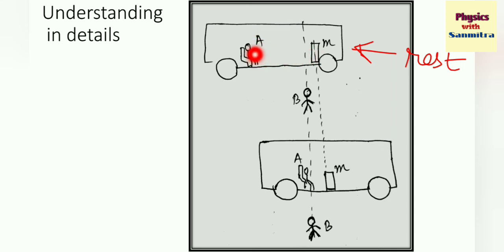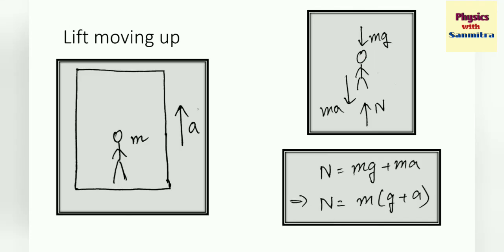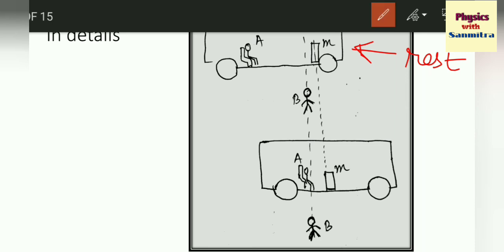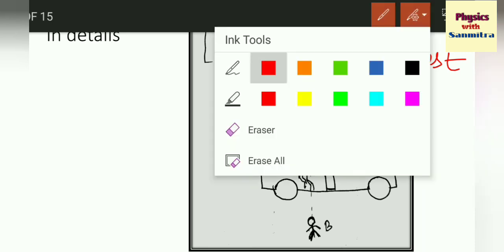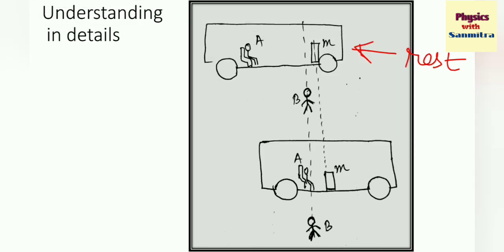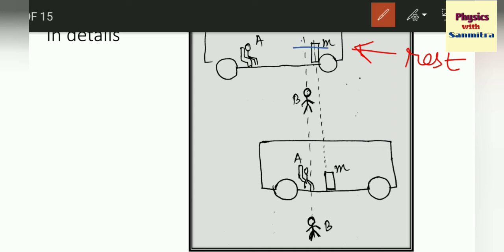But observer A is seeing that this block is coming towards observer A. Observer A is watching that this block is coming towards observer A with an acceleration of A, that is the acceleration of the bus.